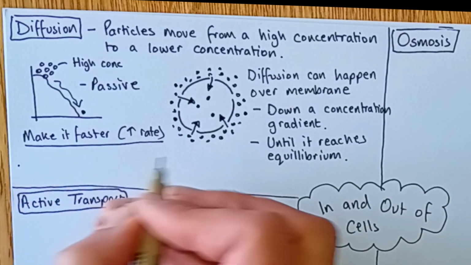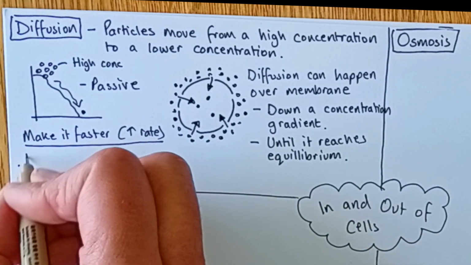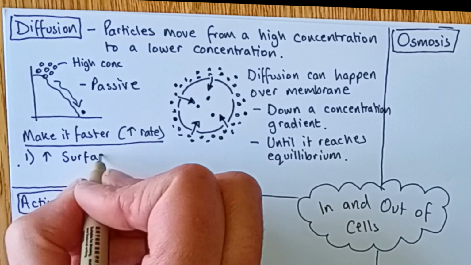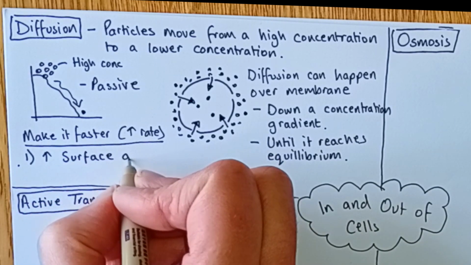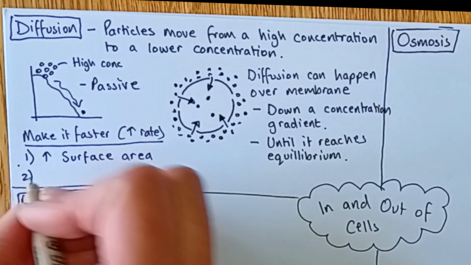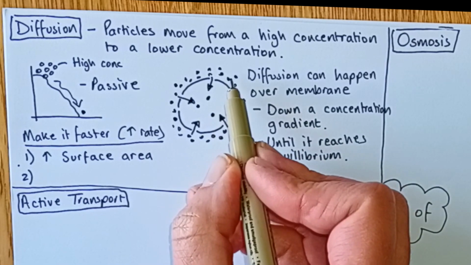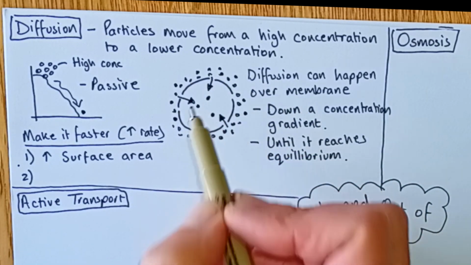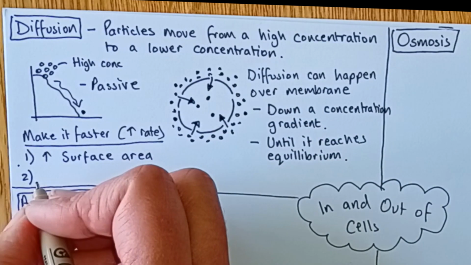So the first way that living things increase the rate of diffusion is by increasing the surface area. We'll talk more about that in a minute, down here. Another way it can make diffusion happen faster is by making this concentration gradient, this difference between the higher concentration and the lower concentration, as big as possible.